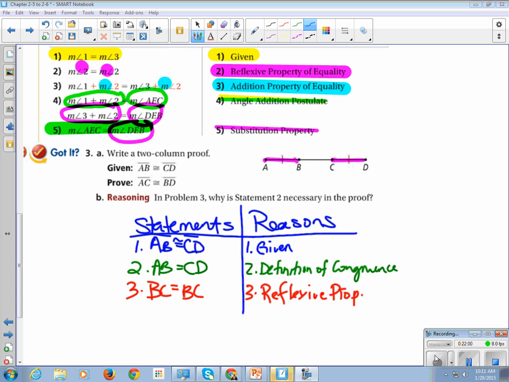So we've got AB plus BC. So BC plus AB is equal to BC plus CD. And that's the addition property of equality because we're adding BC to both sides.